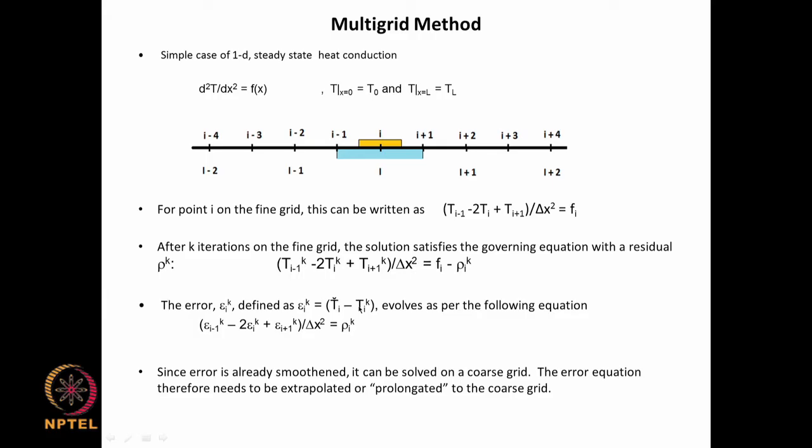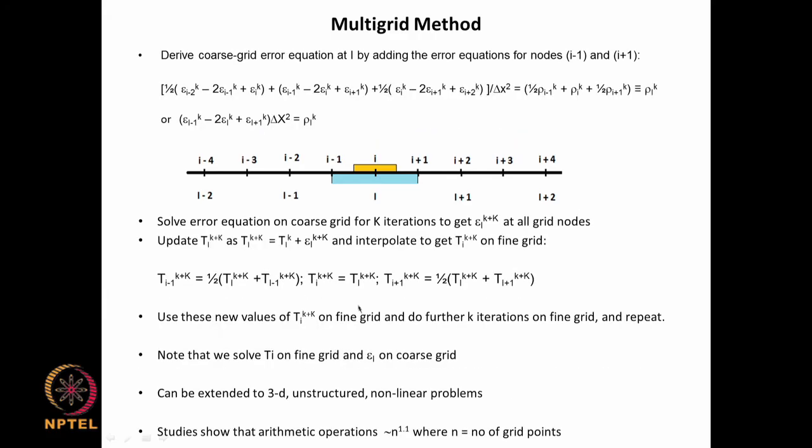So, we had this solution and we now have a revised estimate of error. So we have the estimated new solution after small k number of iterations on the fine grid and capital K number of iterations on the coarse grid: the value at the coarse grid that we had here plus the error here. Okay.